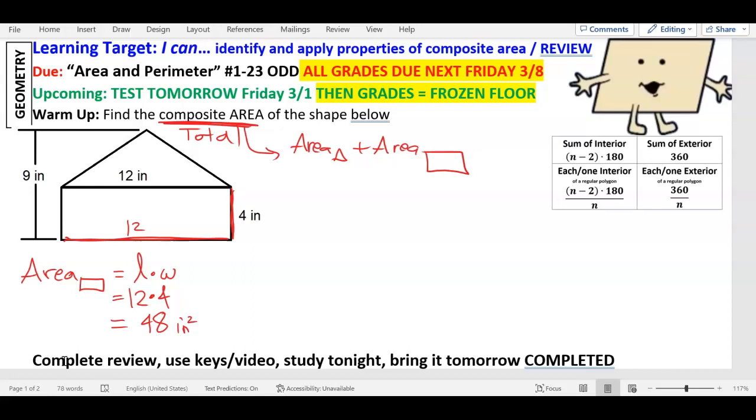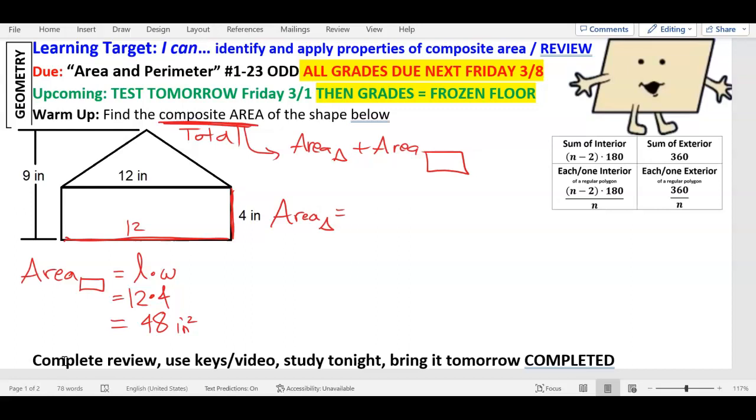Now I got to find the other area. On top, we said it was a triangle, right? Now here's where people get stuck because they either don't have their notes or they don't remember things. Does anyone know the formula for the area of a triangle? Base times height divided by 2.